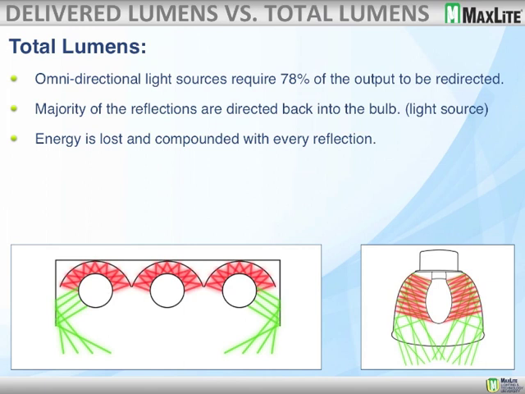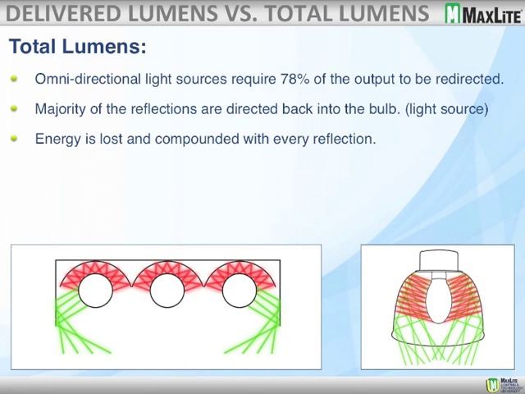And when you have direct light going from the light source to the work surface, that is as efficient as you can be. When that light has reflected inside the fixture a few times before landing on the work surface, that is less efficient. What you see here is the red, which represents light that actually never leaves the fixture. It just bounces between the light source and the inside of the fixture.